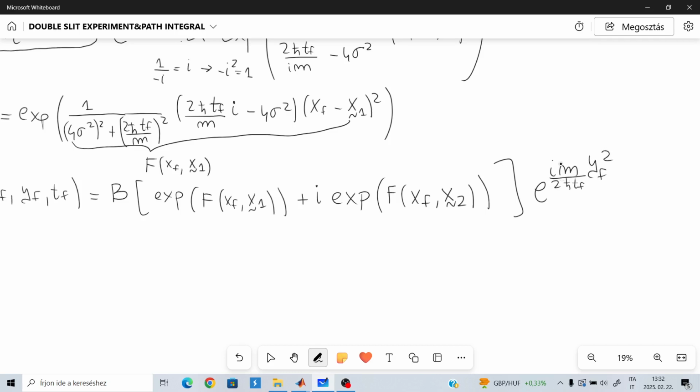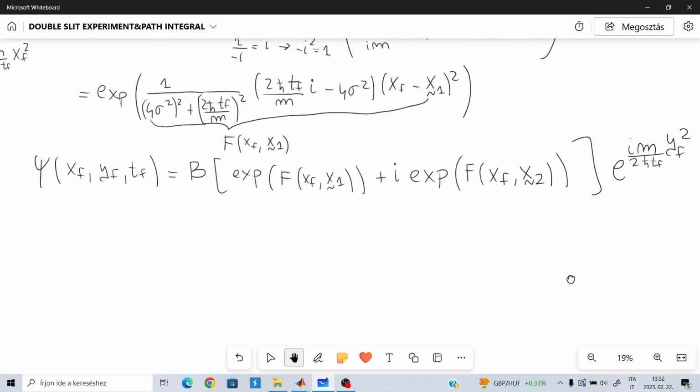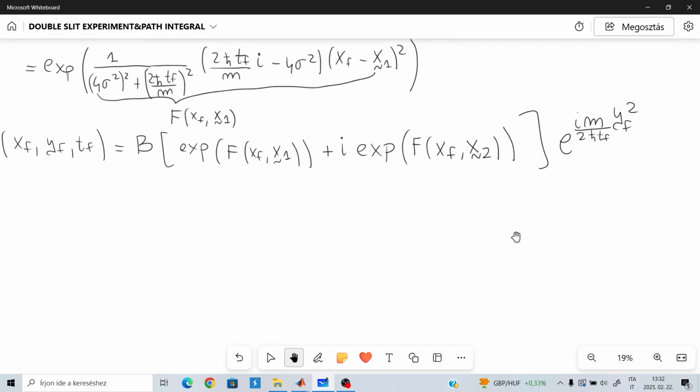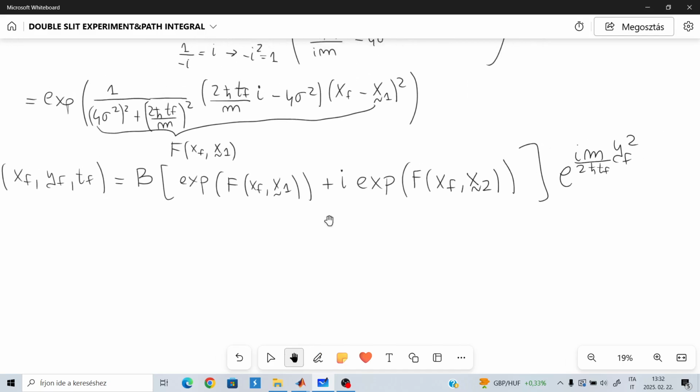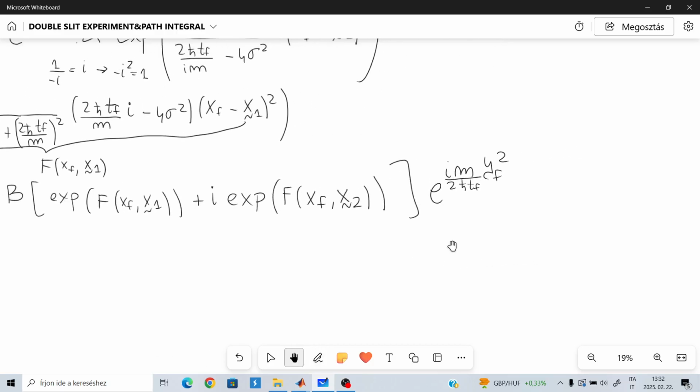yf squared. But this is just a phase factor, so when we calculate the probability amplitude, we have to take the mod squared of this function. But as I said earlier, the mod squared of b is just a scaling factor, which we are not interested in. But the mod squared of this phase expression is just 1.